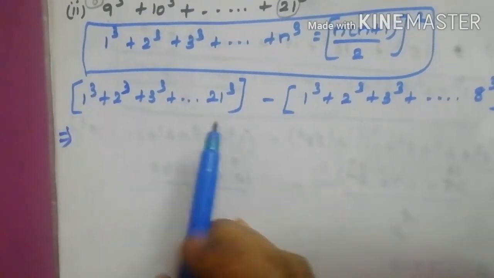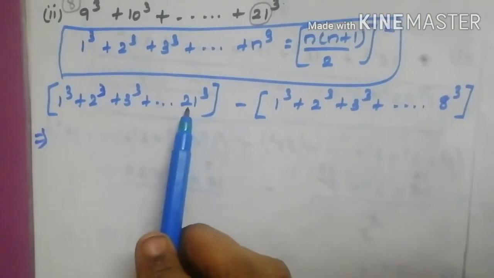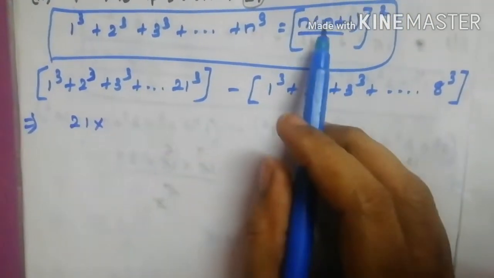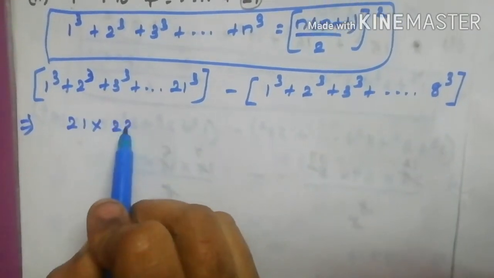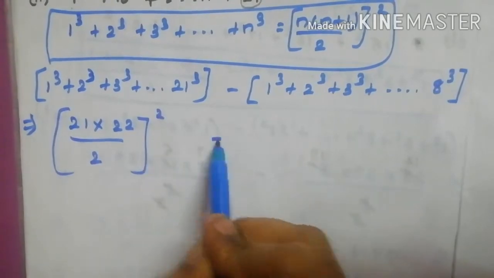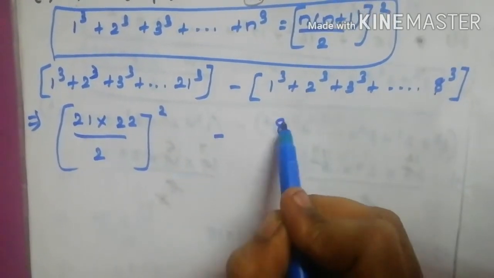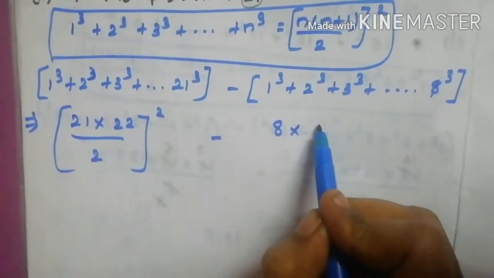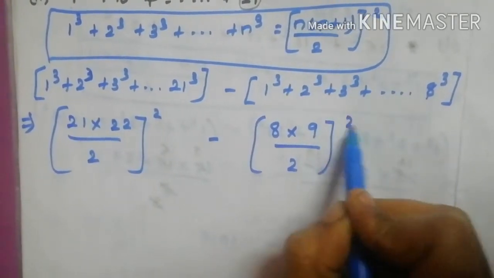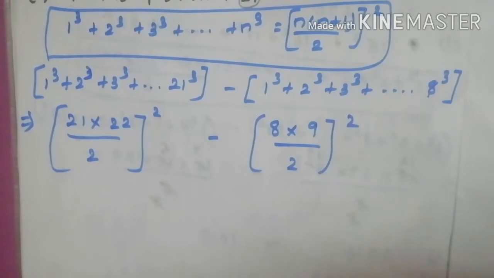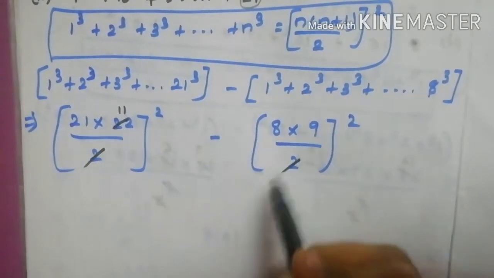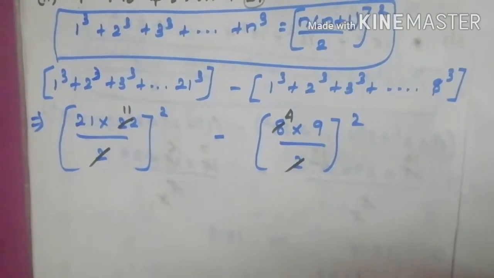Here we apply the formula. Here 21, so 21 into 21 plus 1, we have 22, by 2, the whole square. Minus, here 8, so 8 into 8 plus 1, we have 9, by 2, the whole square. So we cancel here 11 times, here 4 times.